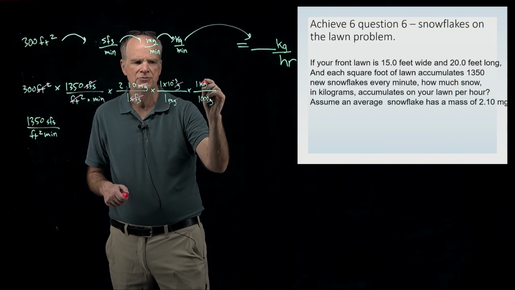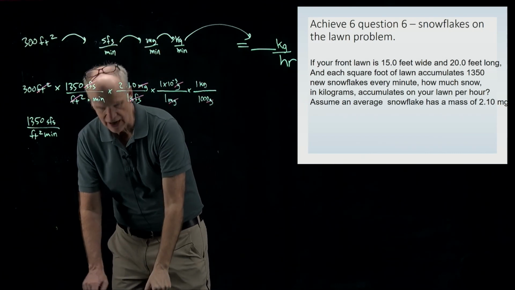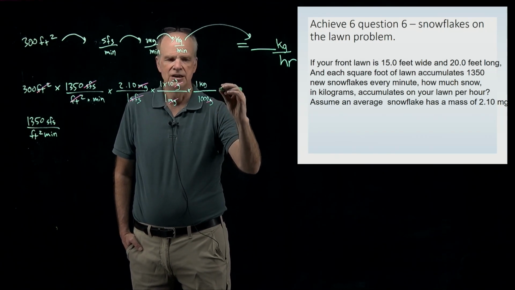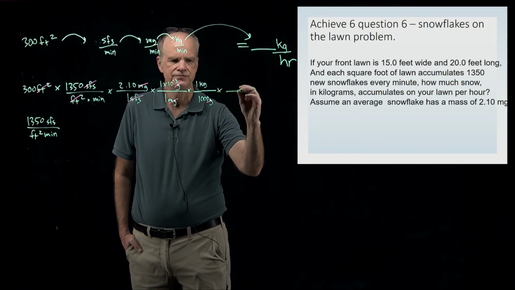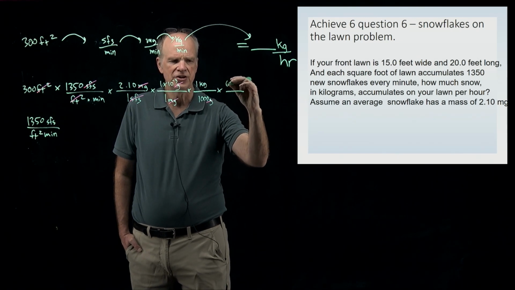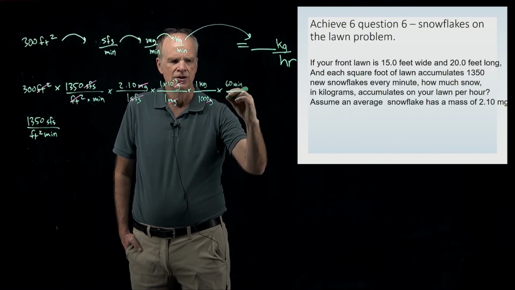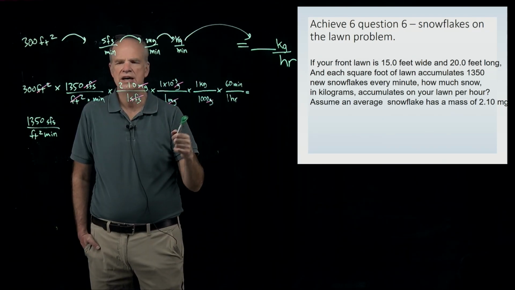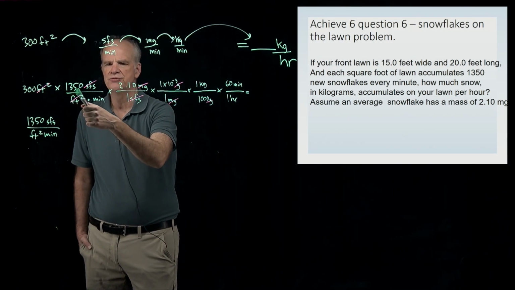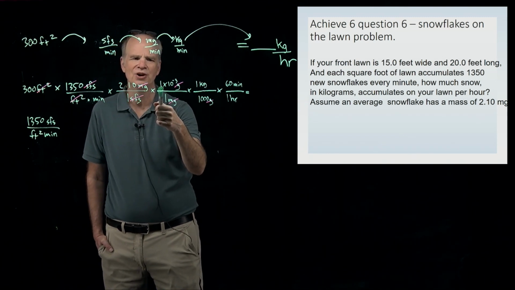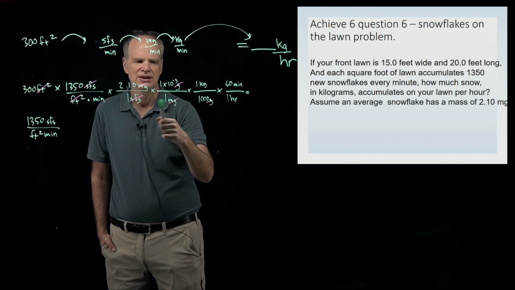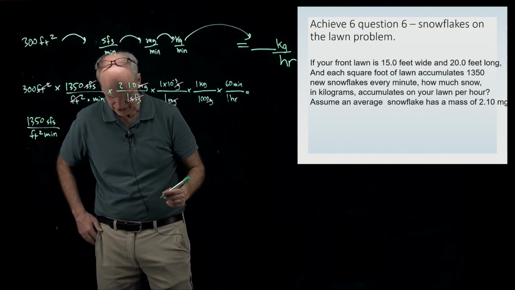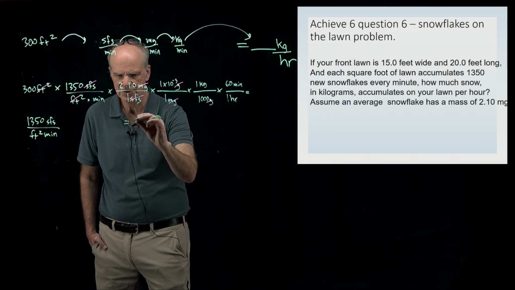Now we're in kilograms per minute, but we want it per hour, so we have to convert minutes to hours, excuse me. And so what we want to do is we want 60 minutes here over 1 hour in the denominator. So let's go ahead and do the math. It's 300 times 1,350 times 2.10 times 1 times 10 to the negative 3 times 60. Divide by 1,000.